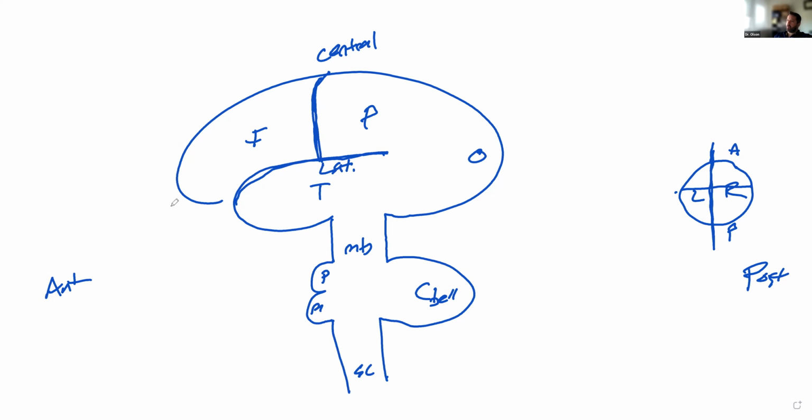So next, we can go on and say that there are some regions of the cortex. We can even use some different colors here. So let's say that our sensory information is going to be orange. Okay.